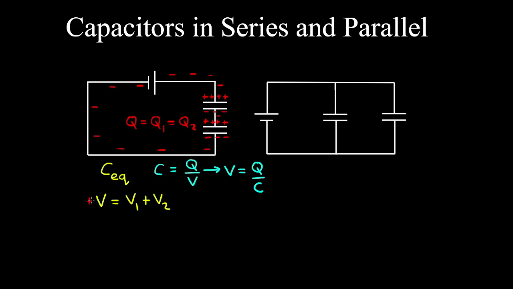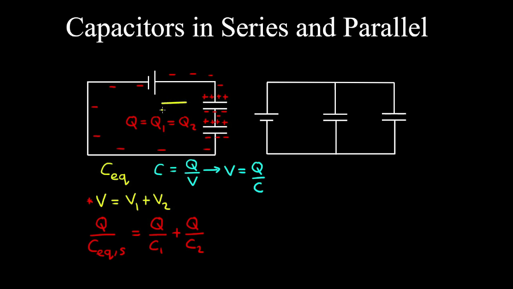And therefore from this equation, we have the charge over the equivalent capacitance of these capacitors in series is equal to the charge over the capacitance of one capacitor plus the charge over the capacitance of the other capacitor.